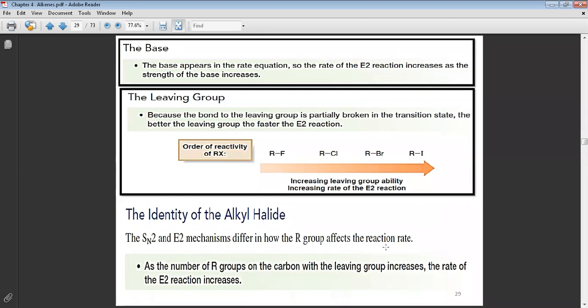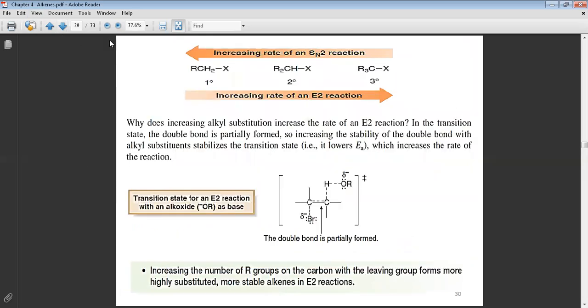That means we have halogen, carbon, and the R groups on this carbon. I will give you an example. Look here, on this carbon of the leaving group we have 3 alkyl groups, and here we have just one R group on this carbon, the carbon bonded directly to the leaving group.